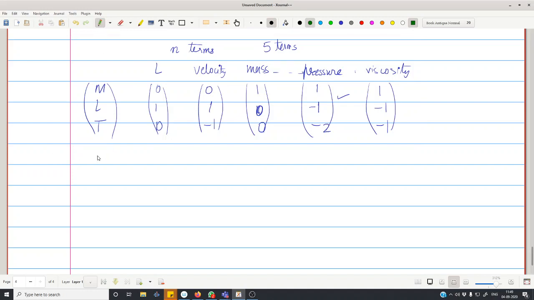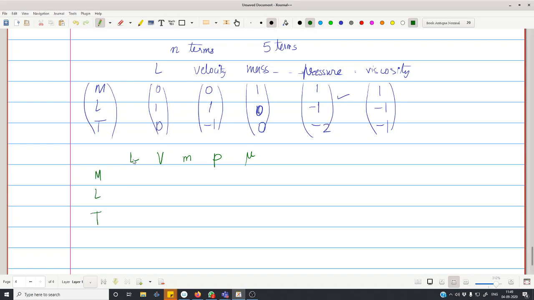So the first thing that we do is we represent the MLT in terms of a matrix. So length, velocity, mass, pressure, viscosity, MLT.